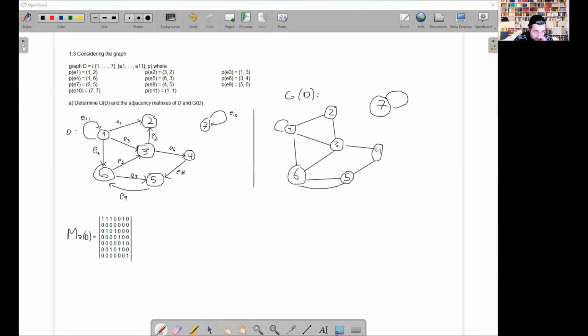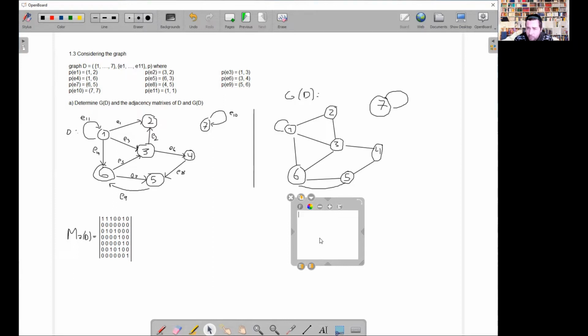And now we are going to do the adjacency matrix of the non-directed graph, right? So the process is the same. We need to count the number of links coming out of each node, right? We start with the first node.